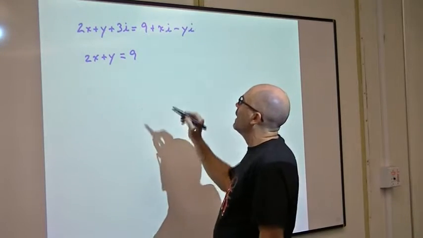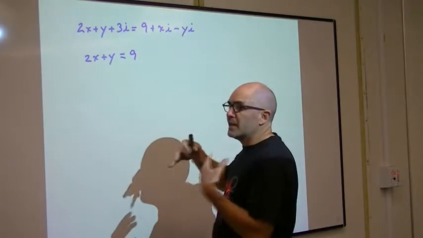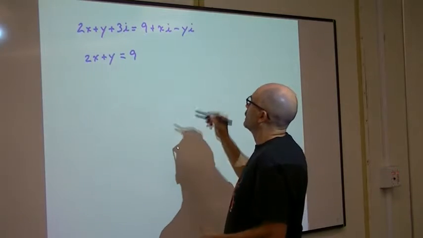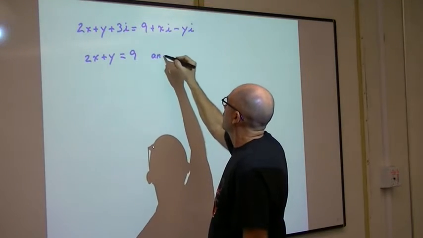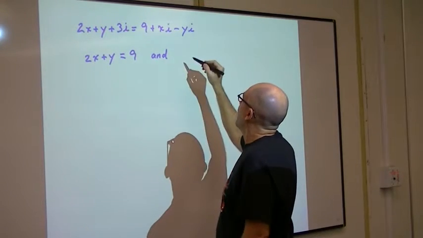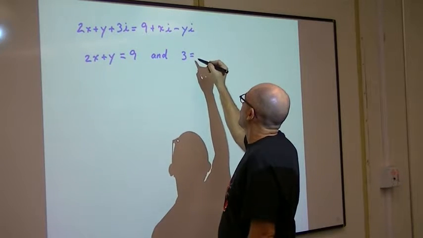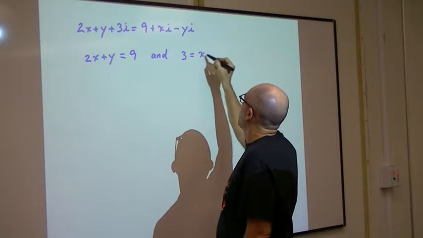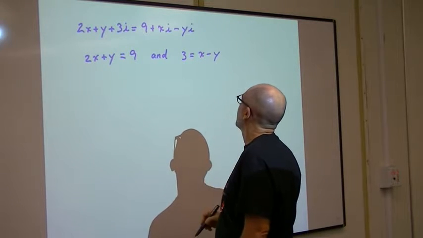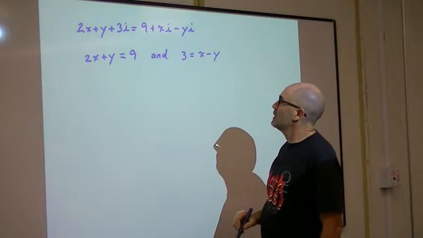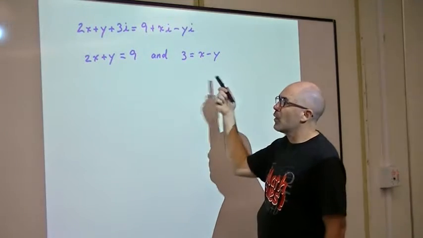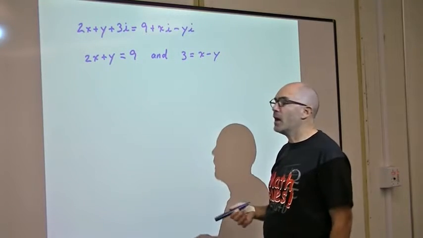Okay, so now we're looking at the imaginary dimension. So we've got 3i, or I could just go 3 equals x minus y. Okay, so notice I have two equations now with x and y.